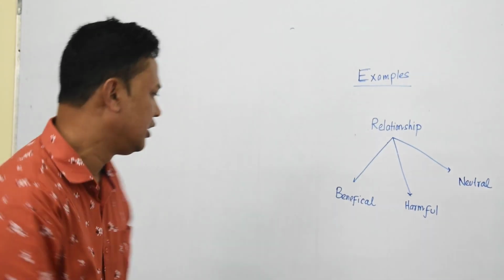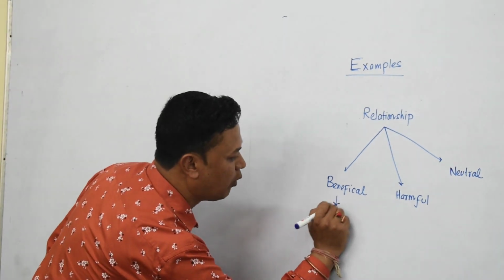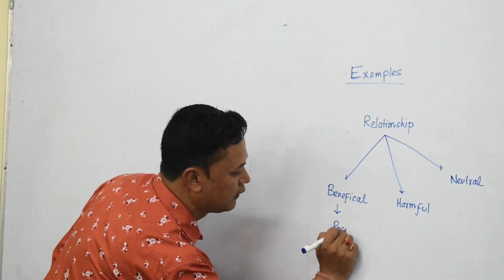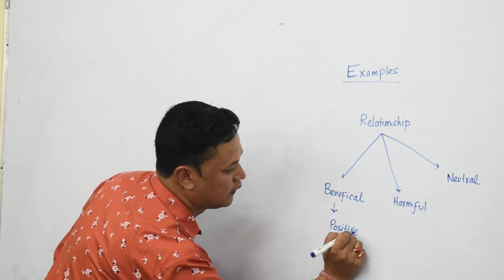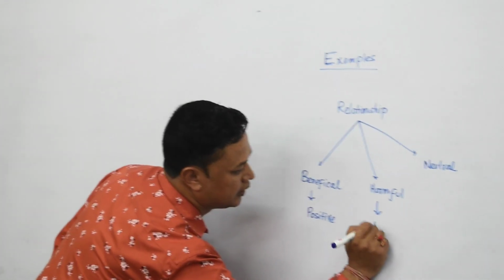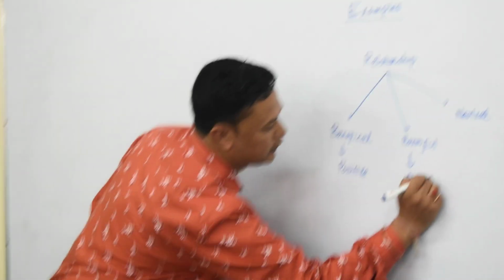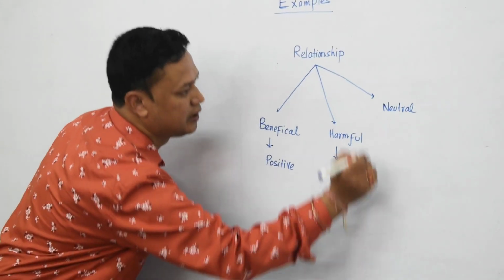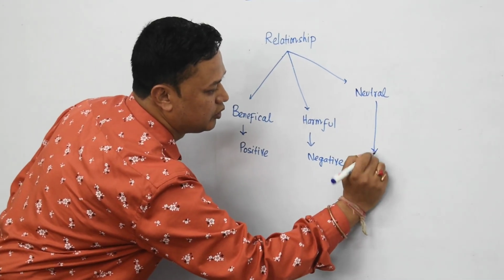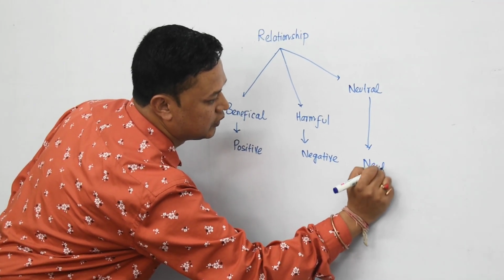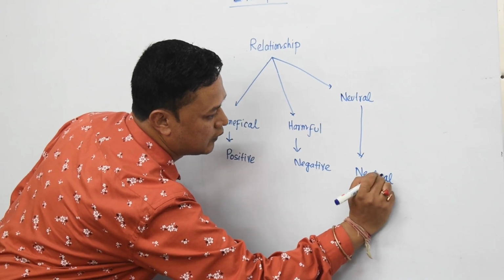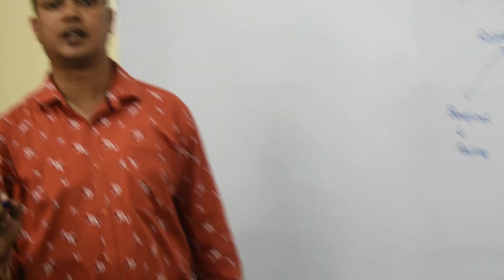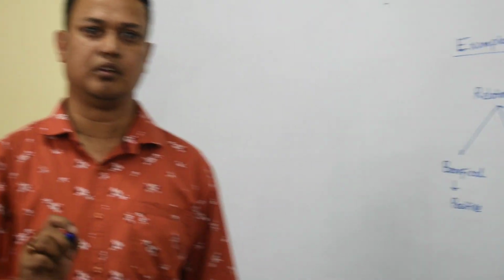So the beneficial one can be called positive, the harmful can be called negative, and neutral remains as such. So these are examples of the relationship.